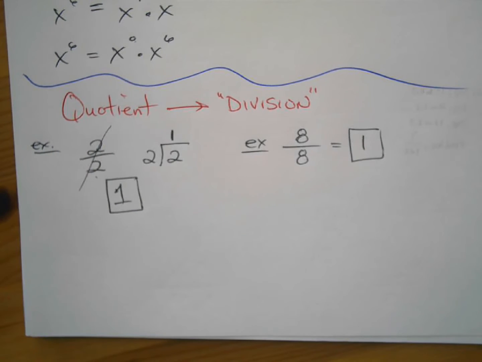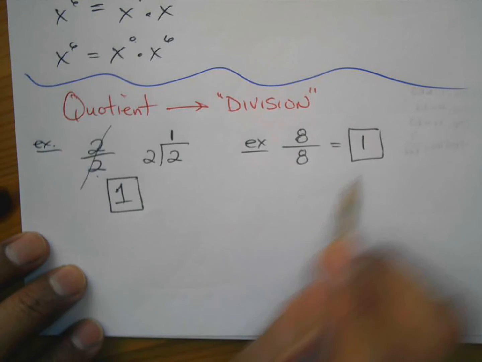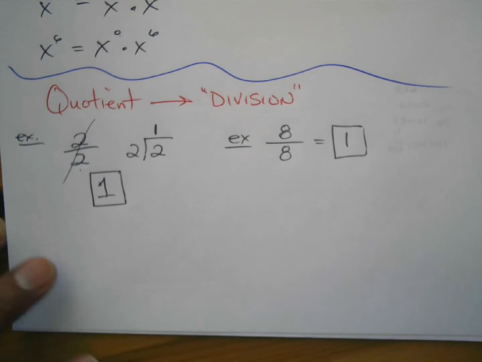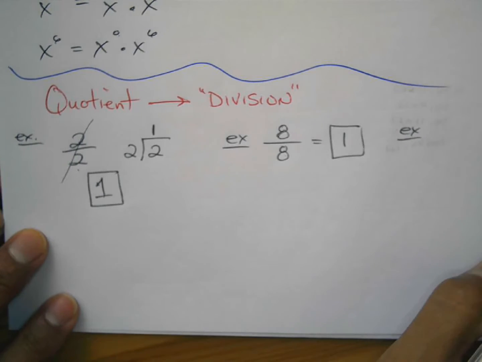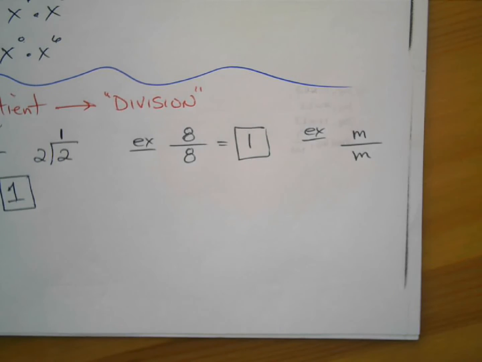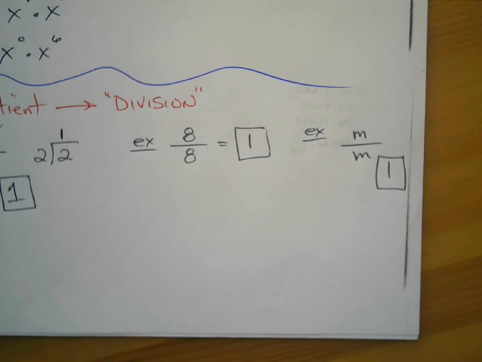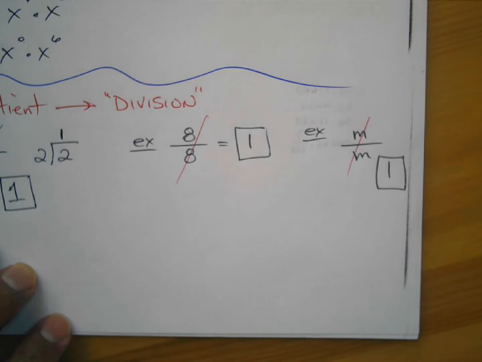That's what we're going to be using. Because 8 divided by 8, they cancel out, you're left with 1. Well, the same is true for variables. If I have m divided by m, guess what's the answer, everybody? 1. Because they divide out. They cancel out, you get 1.